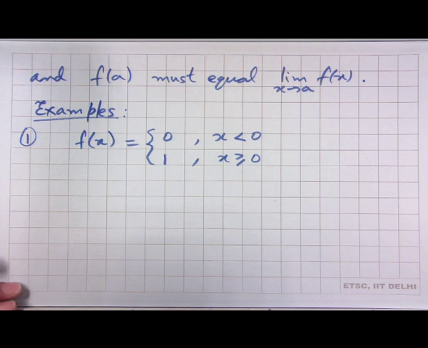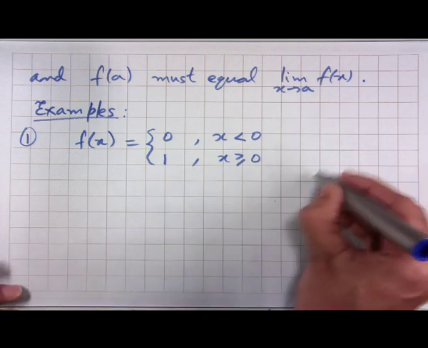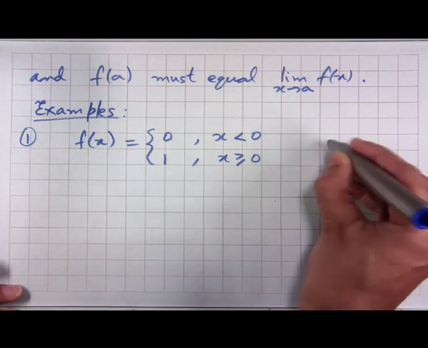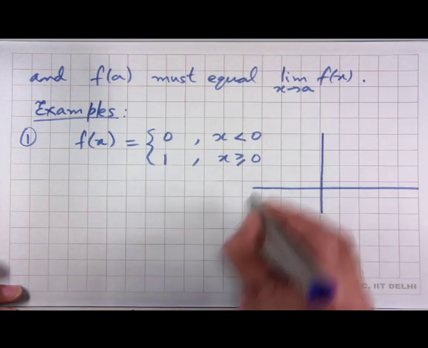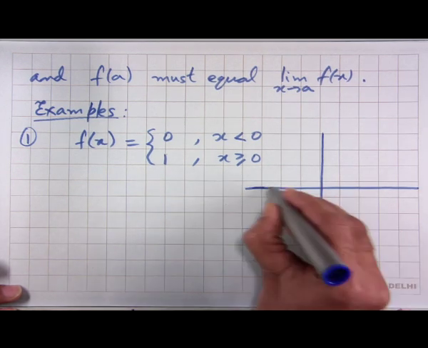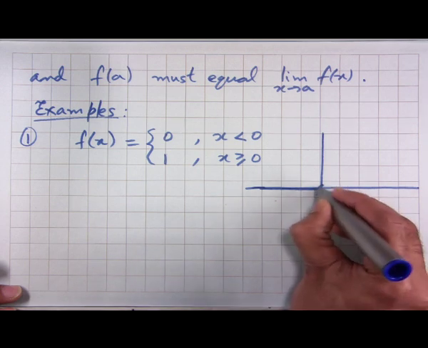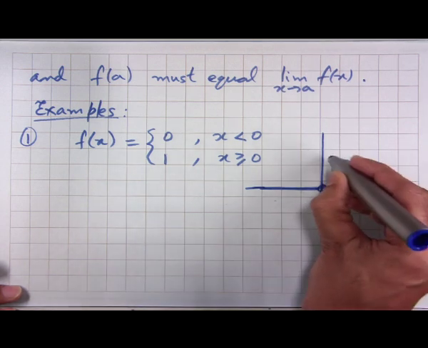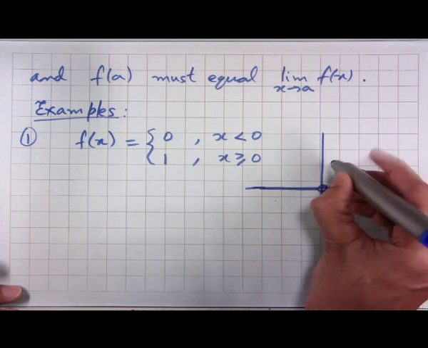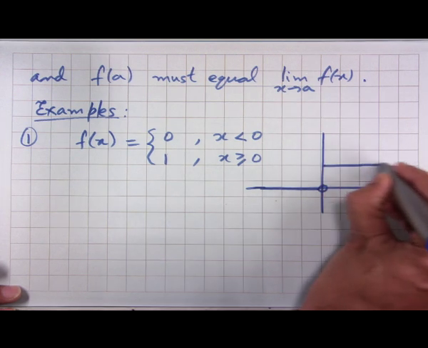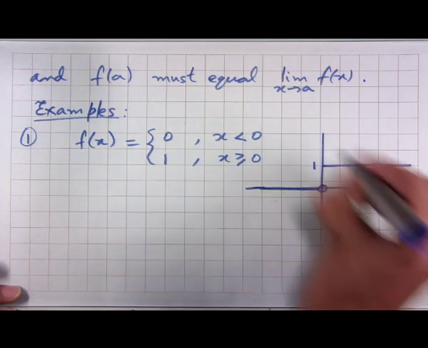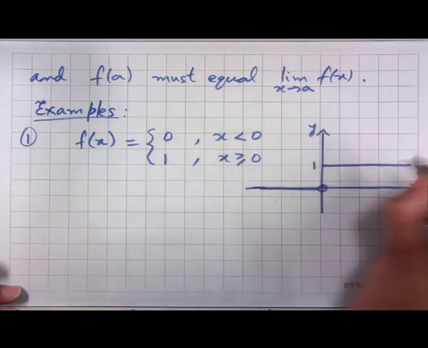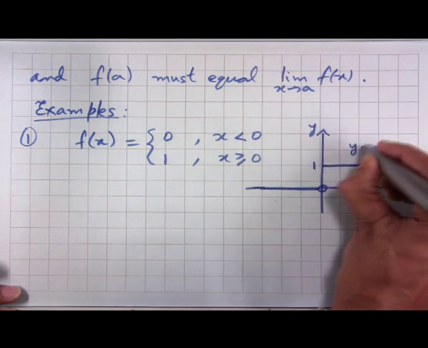If you draw the graph of this function, it is 0 for all x negative, and for x greater than or equal to 0, f of x is equal to 1. So, this is my x-y plane, and this is the graph of y equal to f of x.